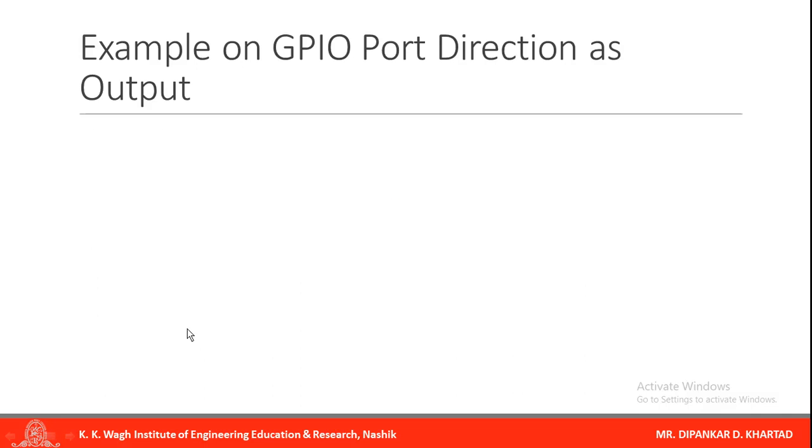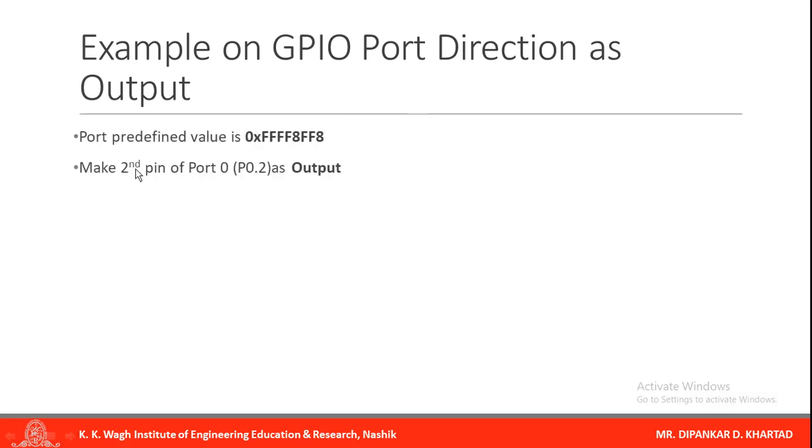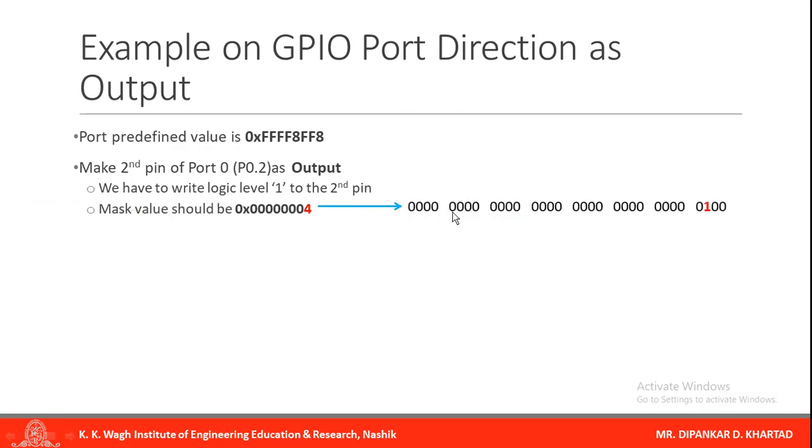Now again let's have a look at an example of GPIO port direction as an output. Again, this is the predefined direction. Make the second pin of port 0 an output. So how is it possible? Second pin. So the mask value should be, this is the second pin, so you have to write here 0x00000004.